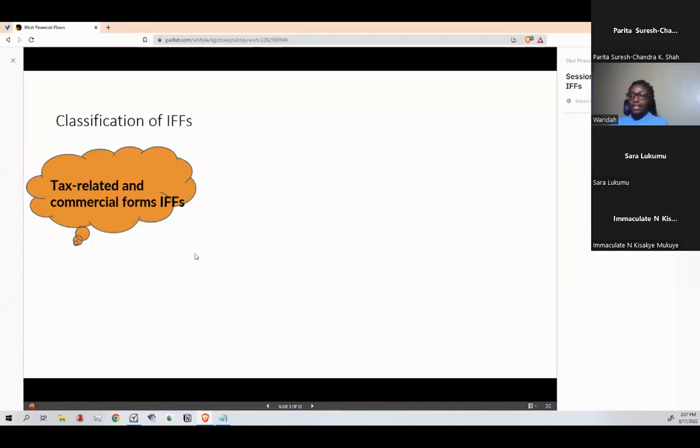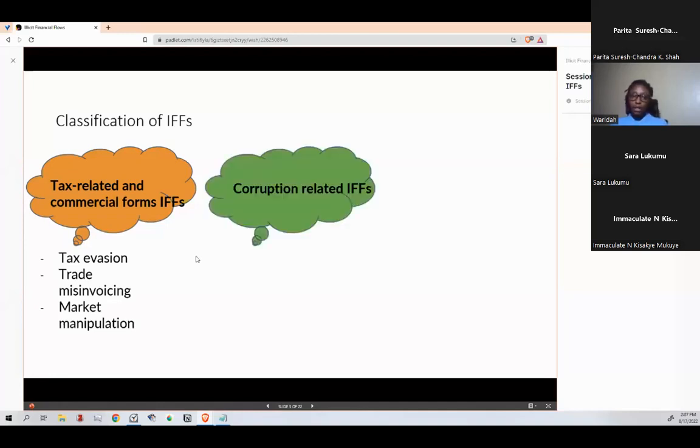The first class is the tax-related and commercial IFFs, which deals with tax evasion, trade misinvoicing, and market manipulation. So the key terms here are things that involve tax or commercial forms of activities. The second is corruption, dealing specifically with people holding high seats in public offices.